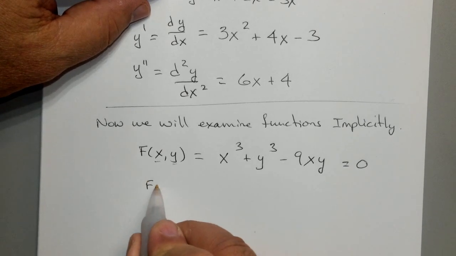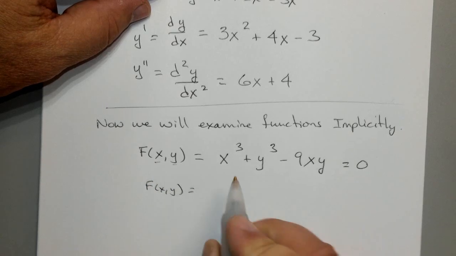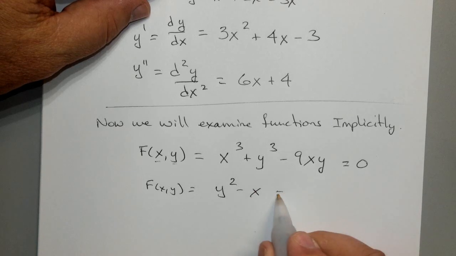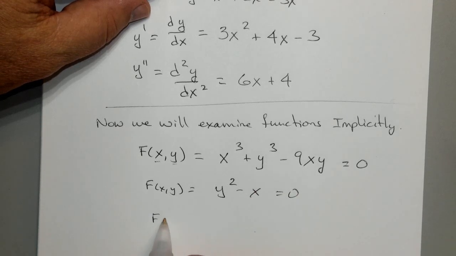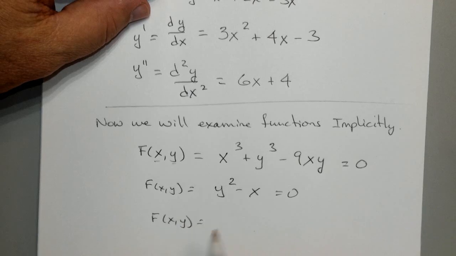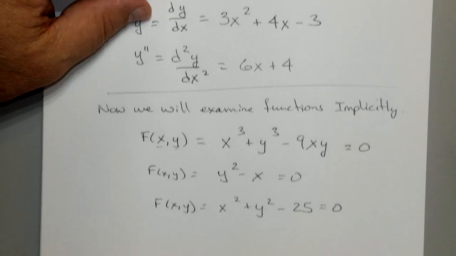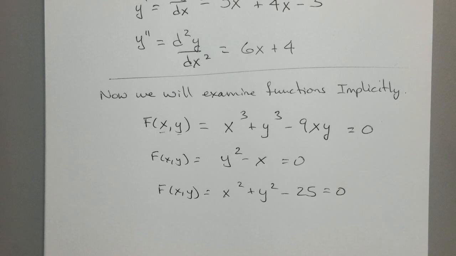Other examples could be set that equal to 0. These are implicit differentiation.